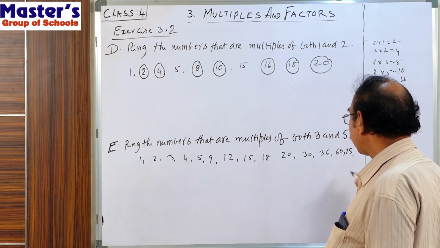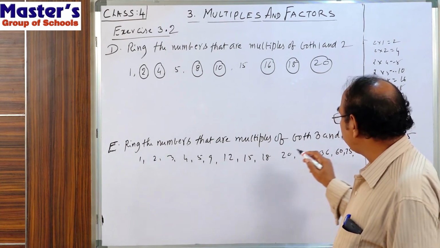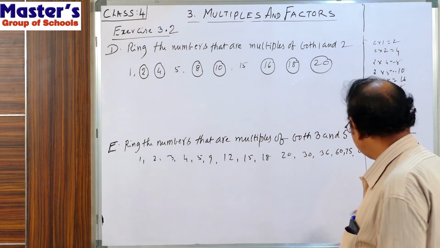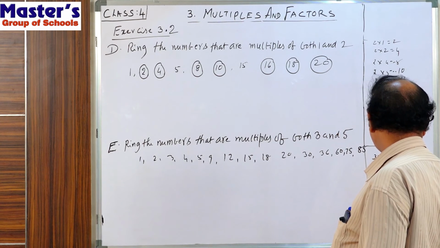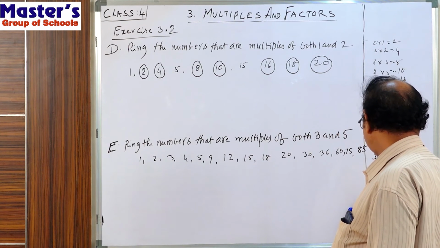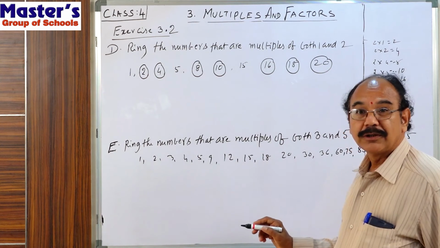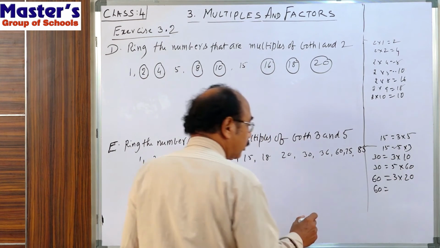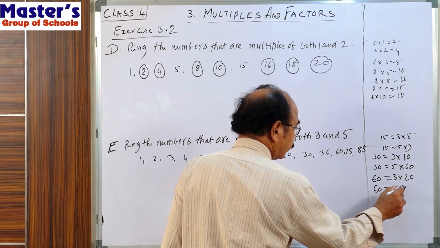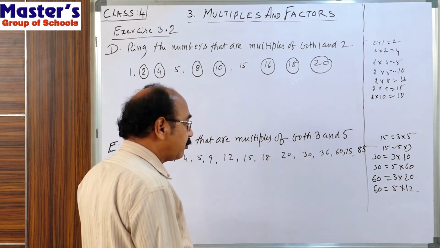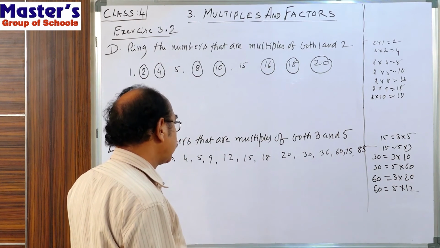In reading the multiplication table of 3, you can get 60. 3 twenties are 60. Now with the 5 table, tell 60: 5 twelves are 60. So, we can mention 60.